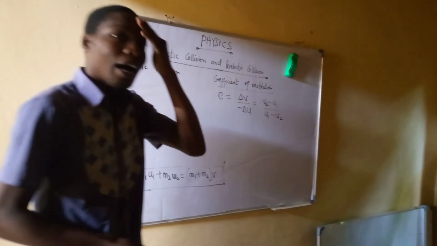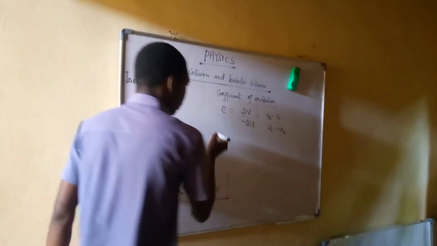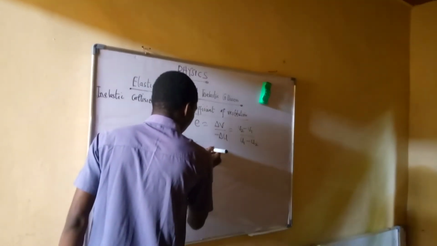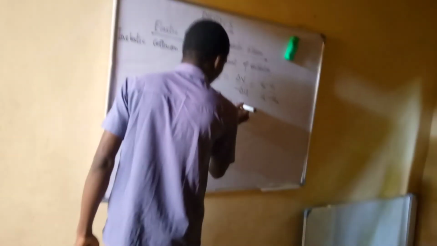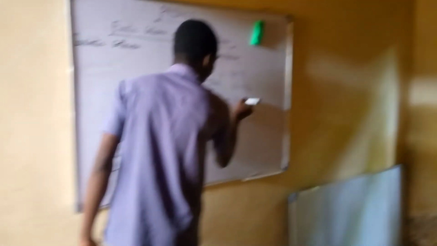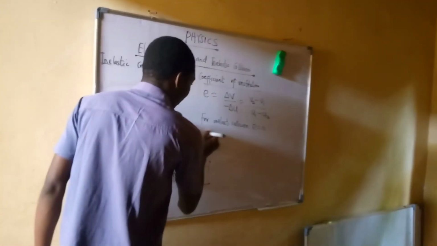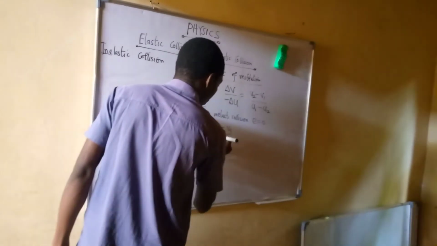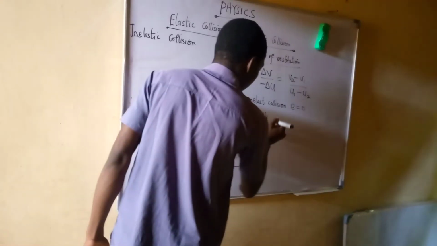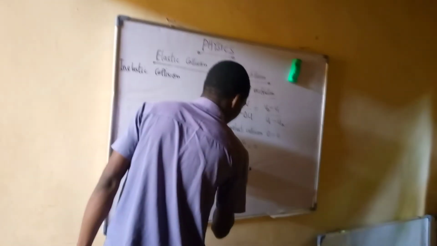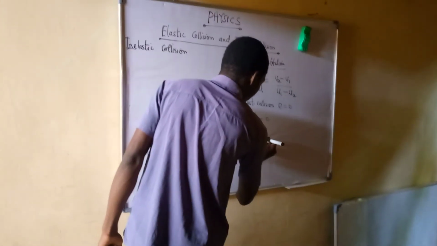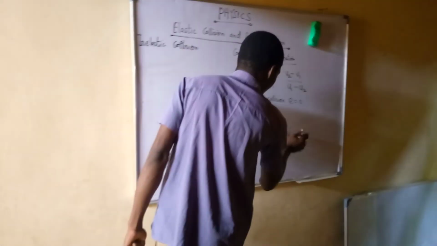For inelastic collision, e is equal to 0. That means that v2 minus v1 over u1 minus u2 equals 0. And we can say that v2 is equal to v1 and is equal to v.